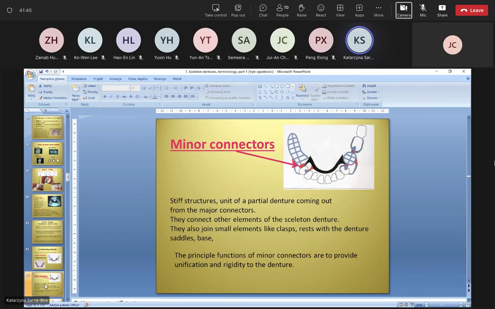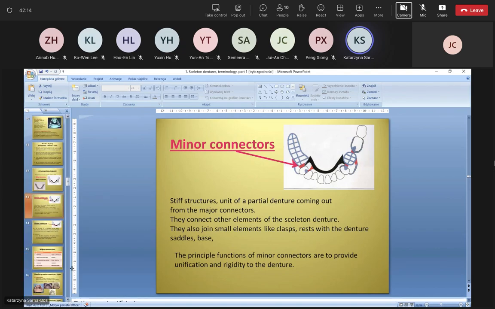These are the stiff structures, units of a partial denture coming out from the major connectors. They connect other elements of the skeletal denture together. They also join small elements like clasps and rests with the denture saddle and base. The principal function of minor connectors is to provide unification and rigidity to the denture.